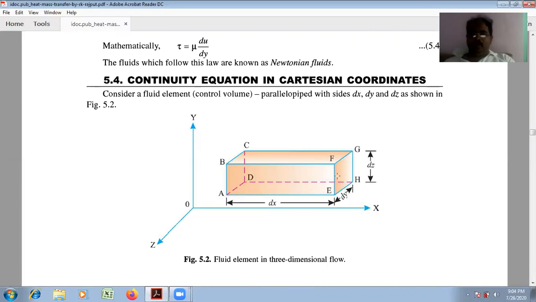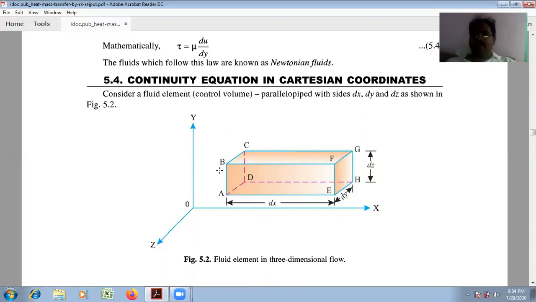Okay. So let us consider one rectangular box. We also derived this in the general heat conduction equation in Cartesian coordinate system. So here we derive the continuity equation.